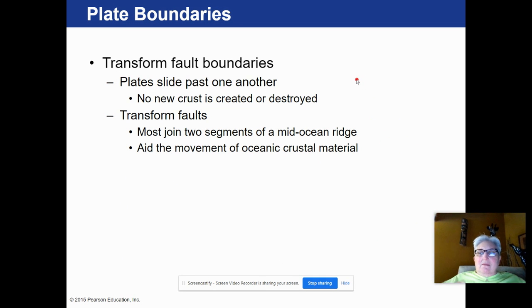As plates, sometimes they'll slide past one another and nothing gets destroyed in those. That's perfectly possible, as well as what we call transform faults, which means that the oceanic crust is moving.